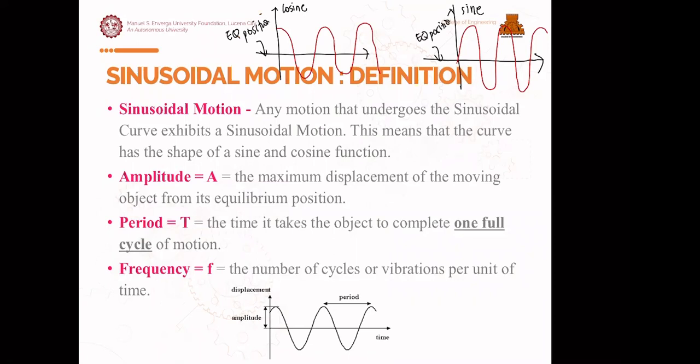So, syempre kung baka may nakakaisip sa inyo, simple harmonic motion pinag-uusapan natin. So kung may simple, definitely may complex, no? Okay? So sa subject matter natin ngayon, simple harmonic lang yung pinag-uusapan natin kasi yung equilibrium position na pinag-uusapan natin is only one. So yung position na yan is yung horizontal axis natin.